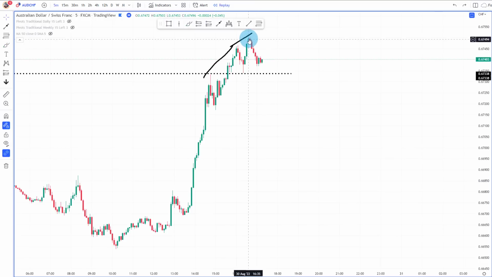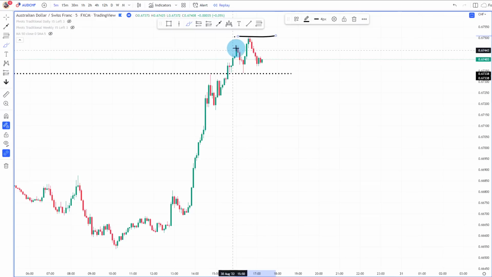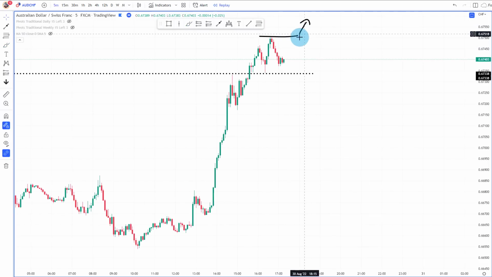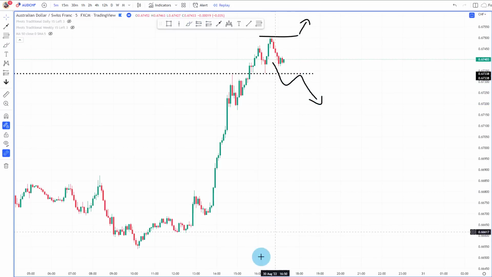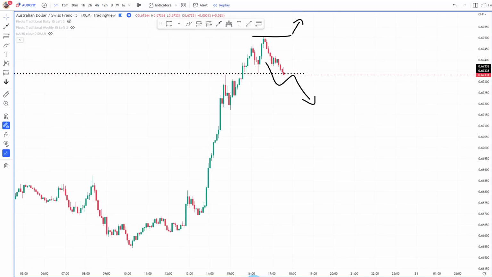Now we can say, okay, we want to get long if the market gets above this area, and we want to see that we are breaking the divergence. We have a divergence, and we don't want to trade long into a divergence, right? Because a divergence means fading price action. So we want to see the market get above this area, but we want to see it with strong force. Or our other scenario, remember, we were looking for a move to the downside. So those are our two trading plans.